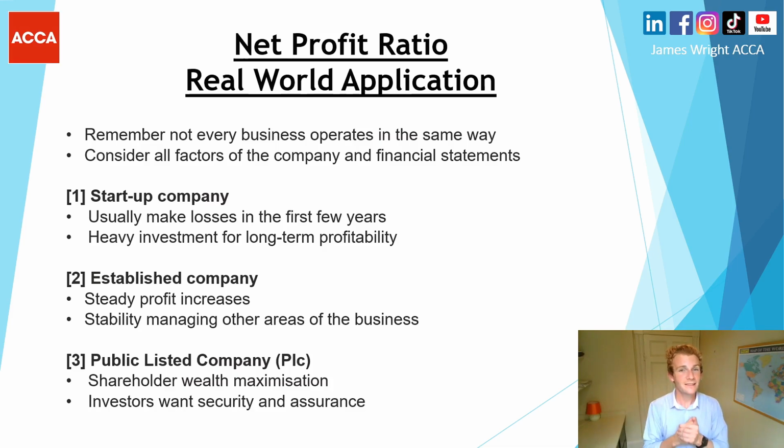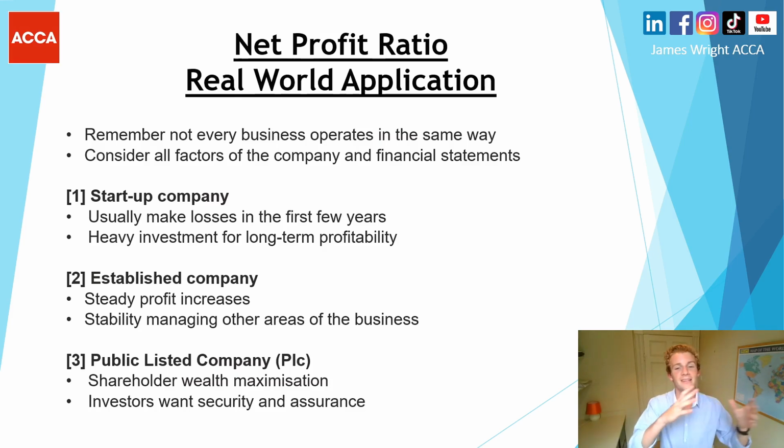Public limited companies, they've really got to be looking after their shareholder wealth maximisation. This is all about two things for your notes. First of all is dividends going up, and then secondly, the share price going up. A really key term that you could apply in your work, because at the end of the day, imagine if it was your capital at risk that you've put down, £100, £200, whatever it may be.